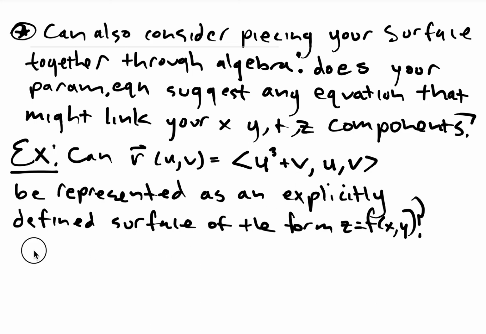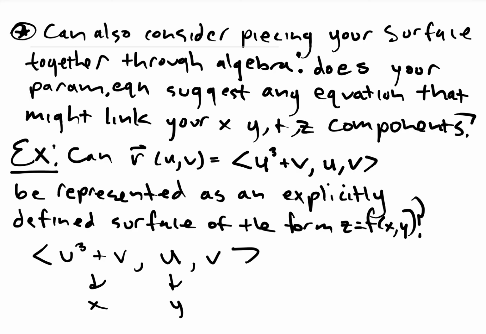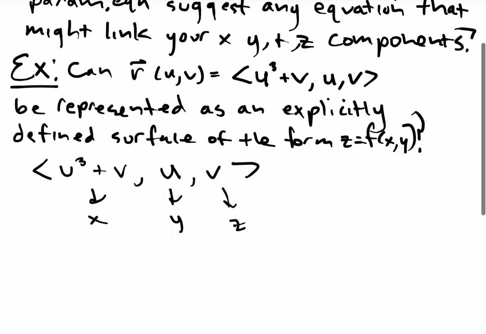What I really want to do here is, again, think about the fact that each of those components is supposed to be represented by x, y, and z, or rather, those are the components standing in for each of those functions.